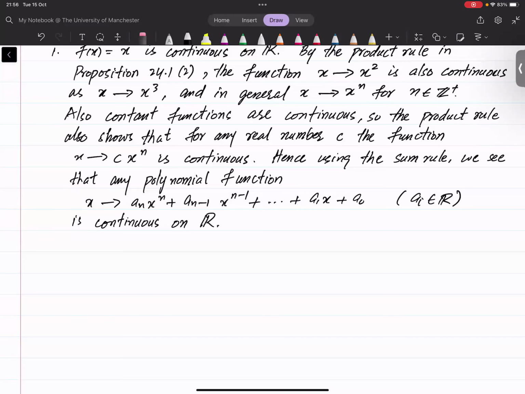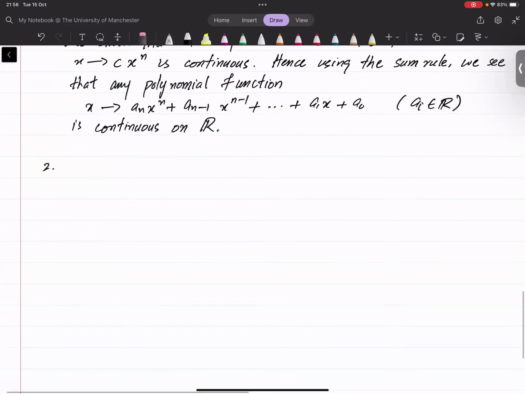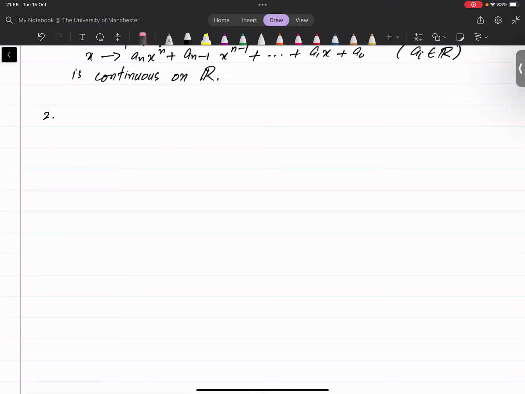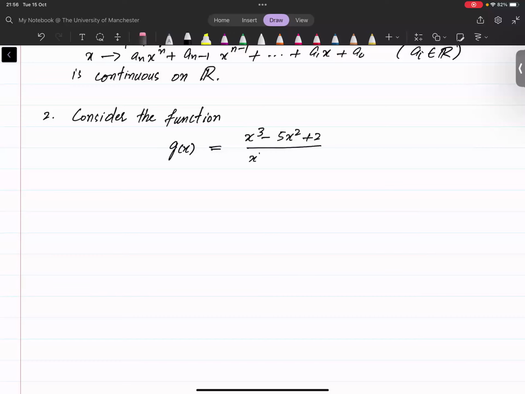Now, example number two: consider the function g of x, which is x cubed minus 5x squared plus 2 over x squared plus 2x plus 2.